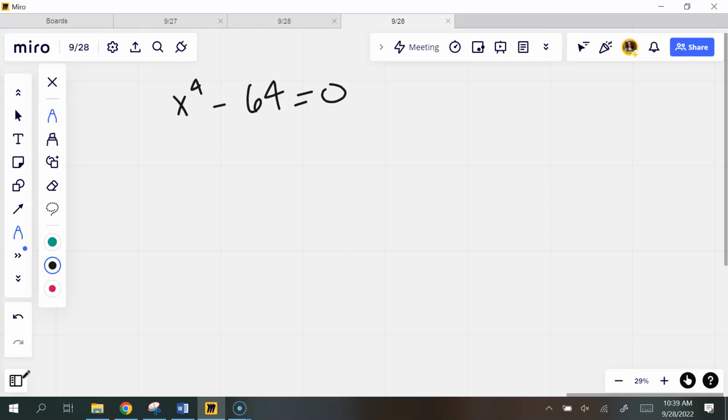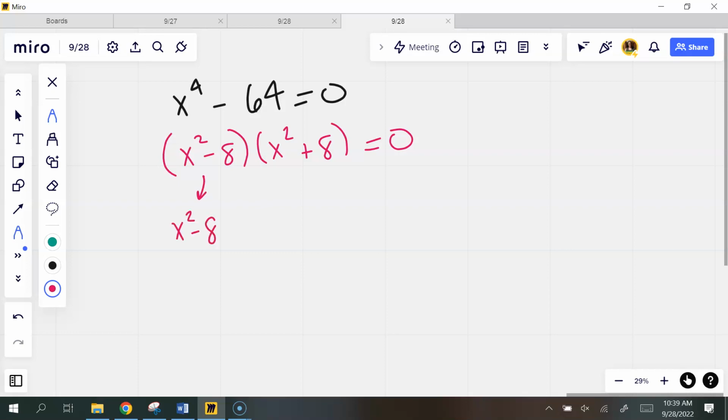How many solutions do you have? 4. Agree or disagree? All right, everybody goes to 0 because that's not, 8 would have to be a perfect square, right?